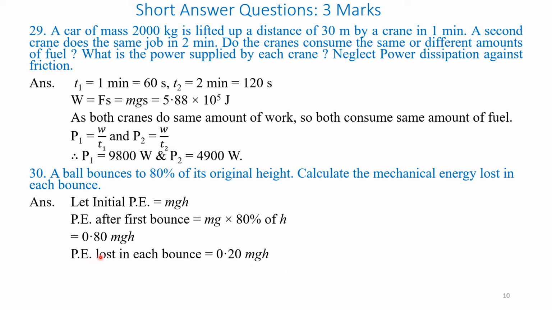Potential energy lost in each bounce is equal to 0.2 mgh. Therefore, the fraction of potential energy lost in each bounce is 0.2 mgh divided by mgh, that is equal to 0.20.